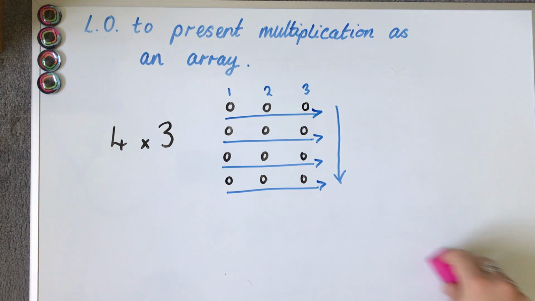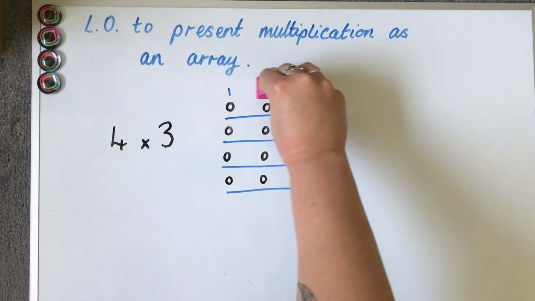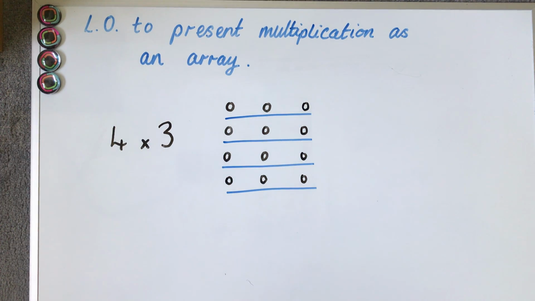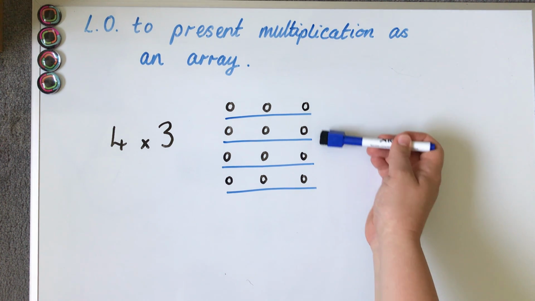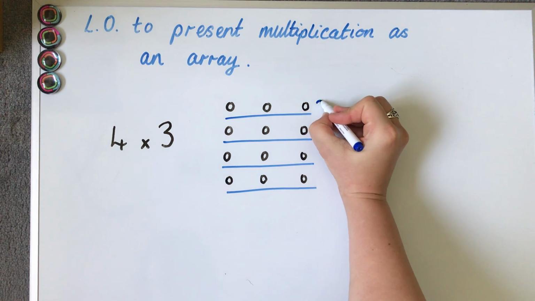It's really nice and simple for us to solve multiplication when it's in an array, because we can quite clearly see that we've got 4 rows of 3, and from this we can count in our threes. So here we've got 3.